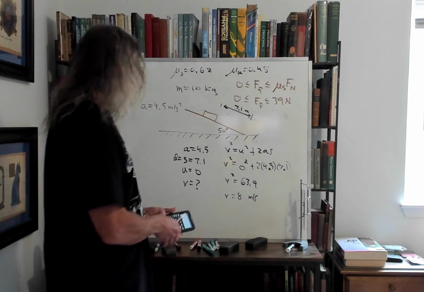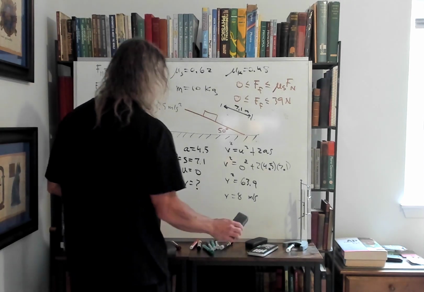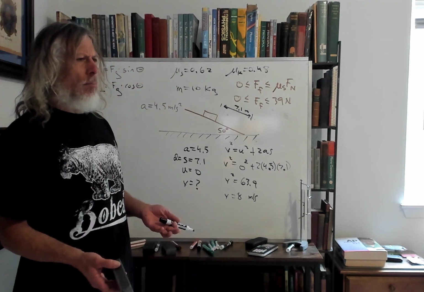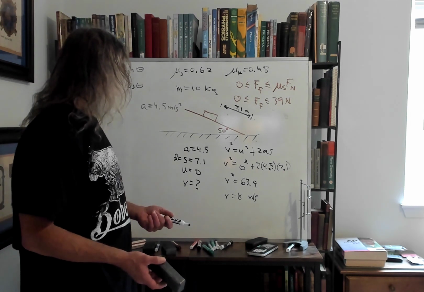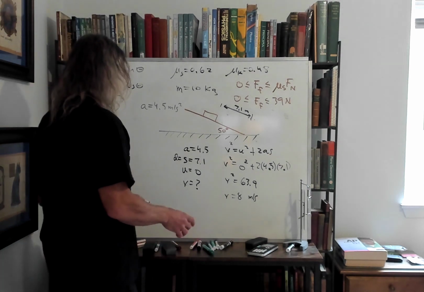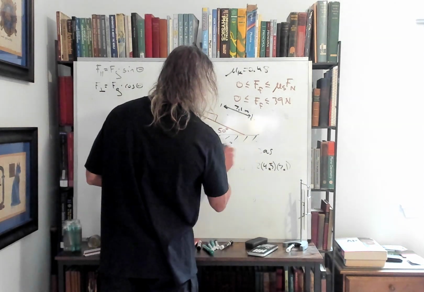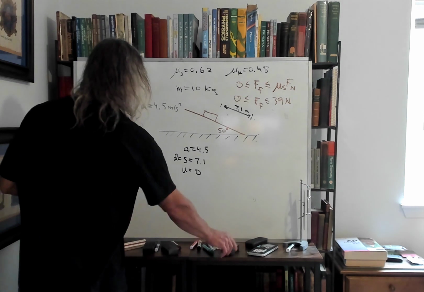Or we could do, given this stuff, how much time is it going to take to go down? We'll pretend this is a completely different problem. We did that. So that's the velocity at the bottom.